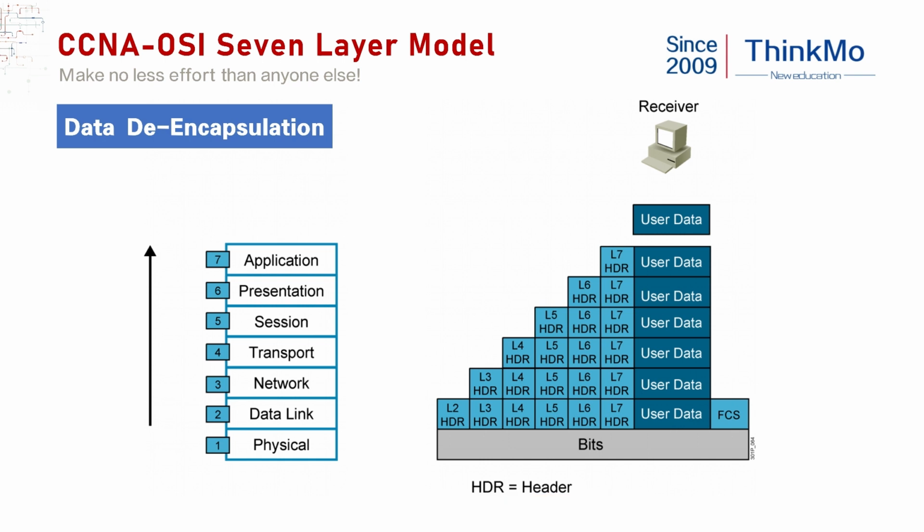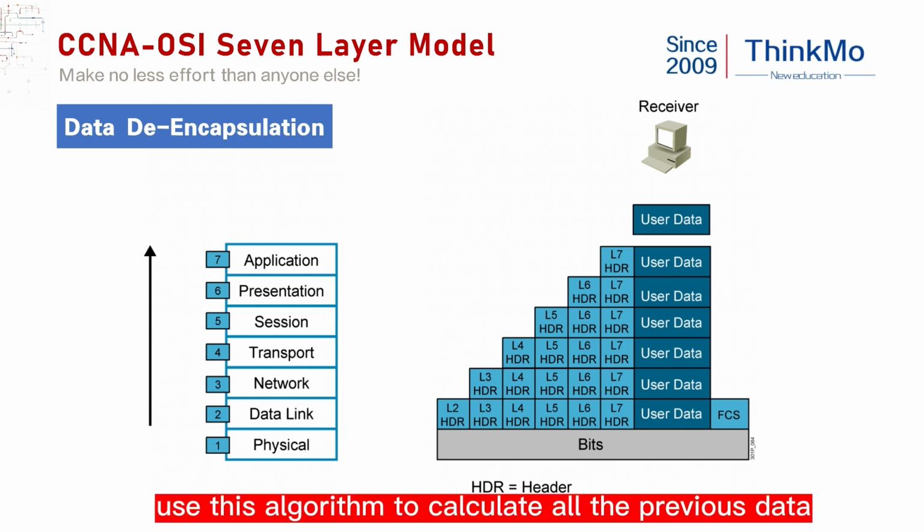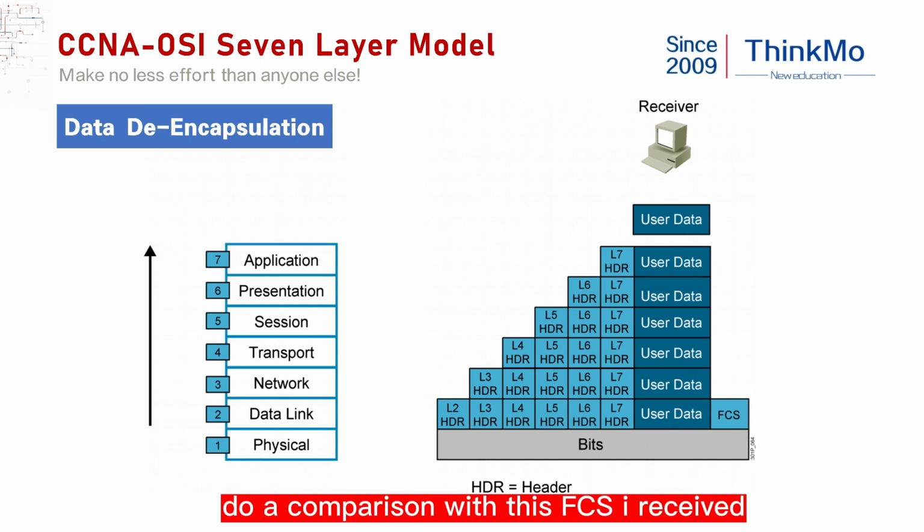We're going to remove the head and tail of the second floor. First note here at the end, we have to check the FCS again. That is CRC, cyclic redundancy check. We will calculate again, using this algorithm on all the previous data, to generate a value. After calculating this value, we compare it with the FCS I received.